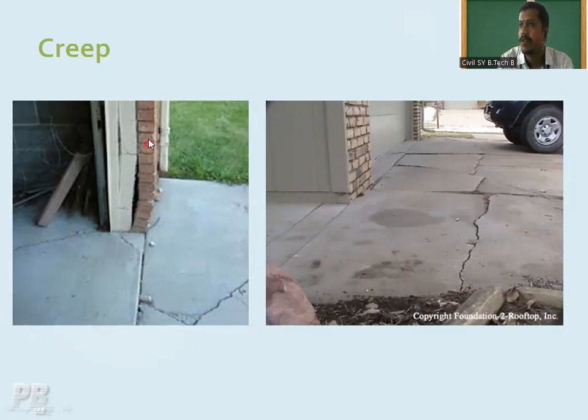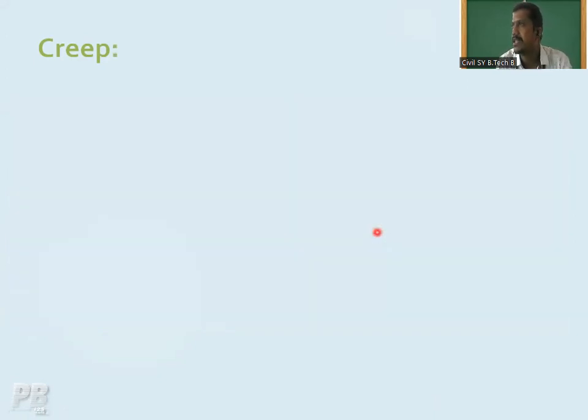This is one type of deformation. Just see this brickwork, whether it is in a straight line, the upper portion and the lower portion. See the cracks which are being developed. So these are nothing but the deformation which is going to happen. Okay, I will take the next picture also.